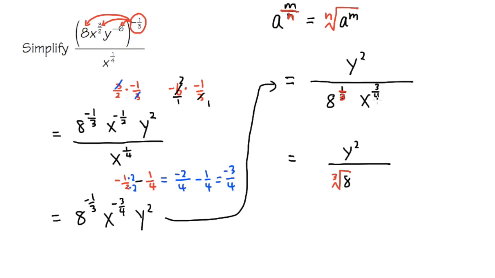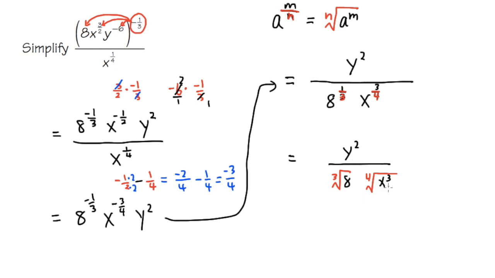And how about this one? Well, we have to take care of the fraction power, the denominator, which is the over 4. This over 4 tells us that it's the fourth root. So I'll put down the fourth root, and then we will have x to the 3rd power. So this is the change.